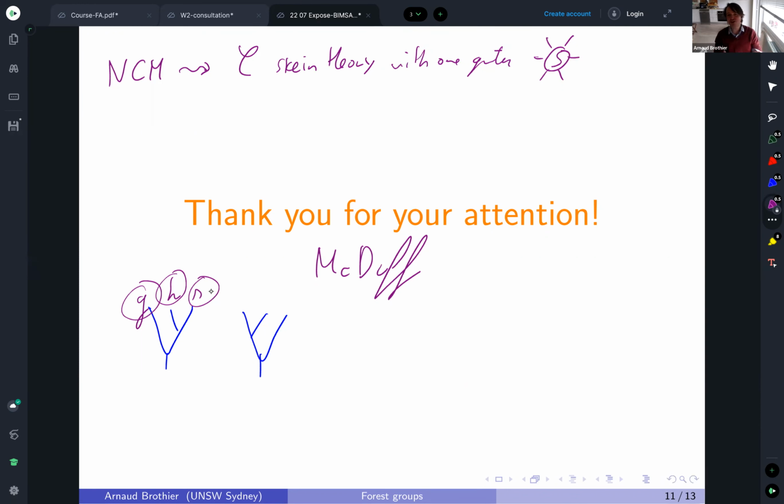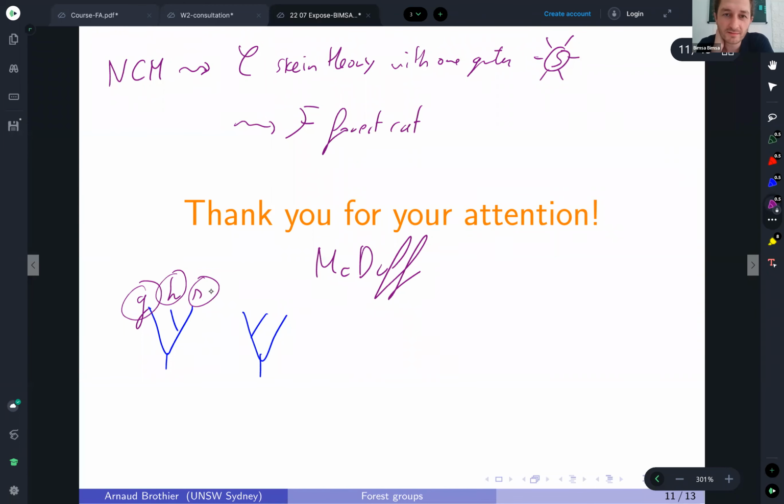And from there, I'd like to extract the skein theory and do it without coefficients. So there's not so far a clear recipe how I go from there to a forest category. This may depend on the choice of the presentation, the choice of the skein theory. That's right.